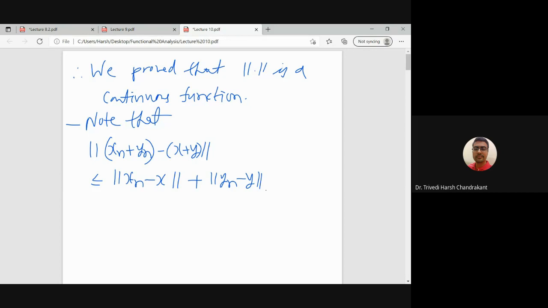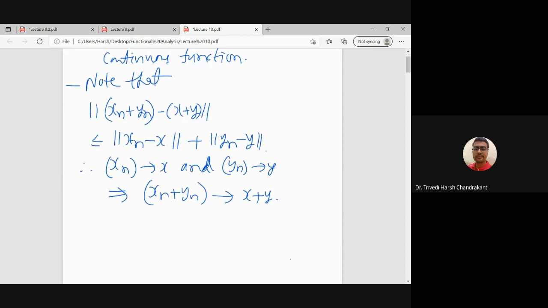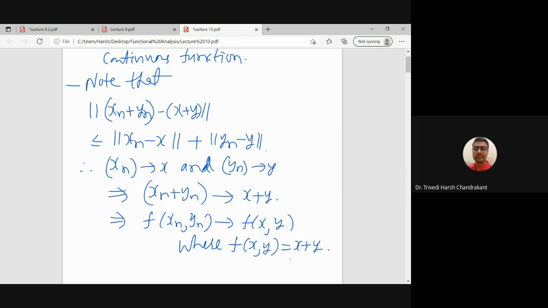If this holds, then xn converges to x and yn converges to y implies xn plus yn converges to x plus y. So f of xn, yn converges to f of x, y, where the function is x plus y. In this sense, addition is continuous.